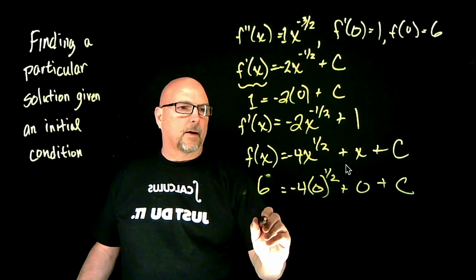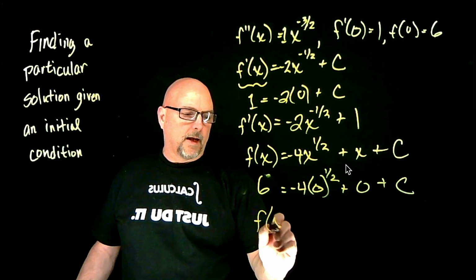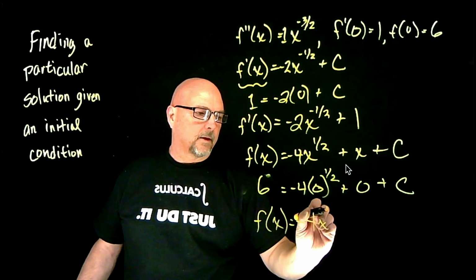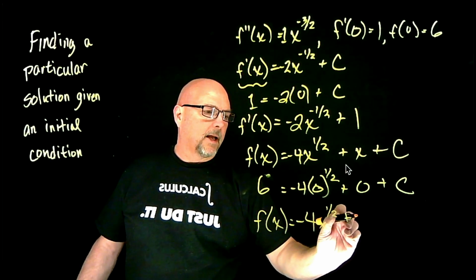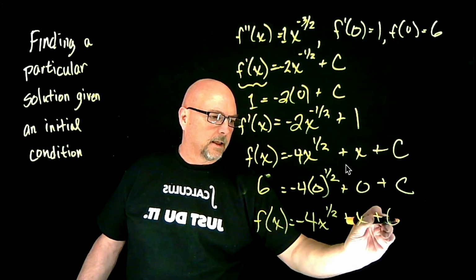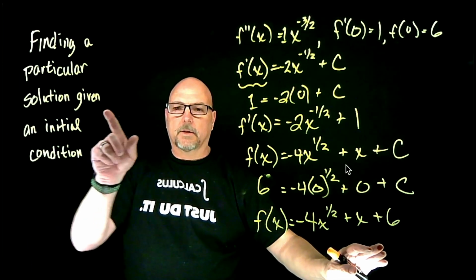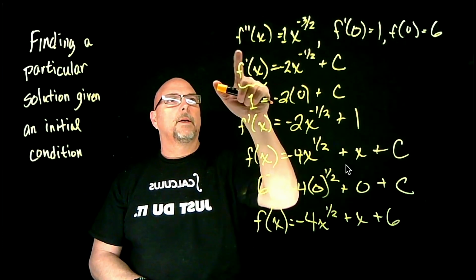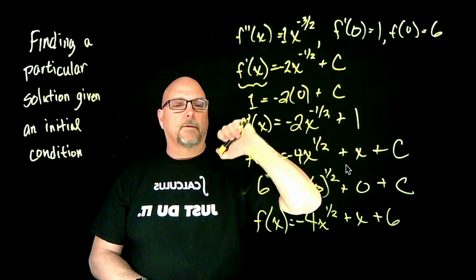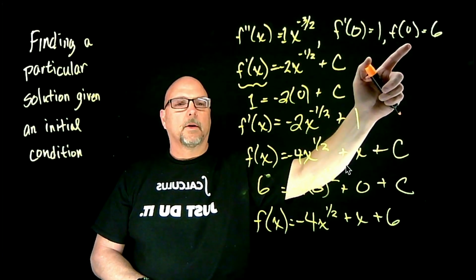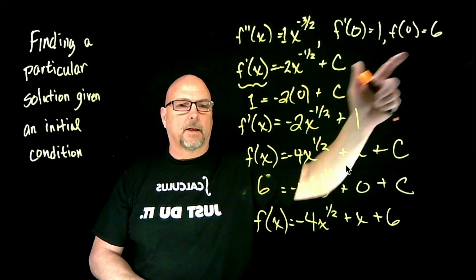So now I know my final answer. I know that f of x is going to be negative 4x to the 1/2 plus x plus 6. So this is the particular solution to this original differential equation and then two initial conditions.